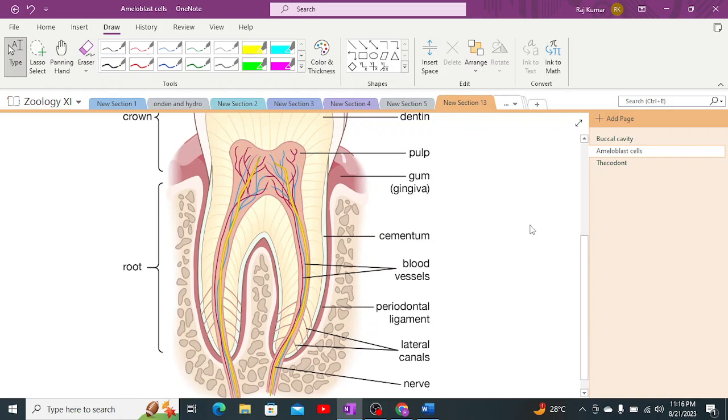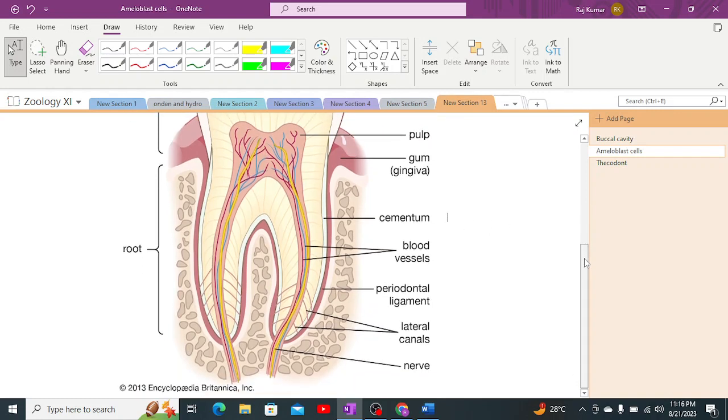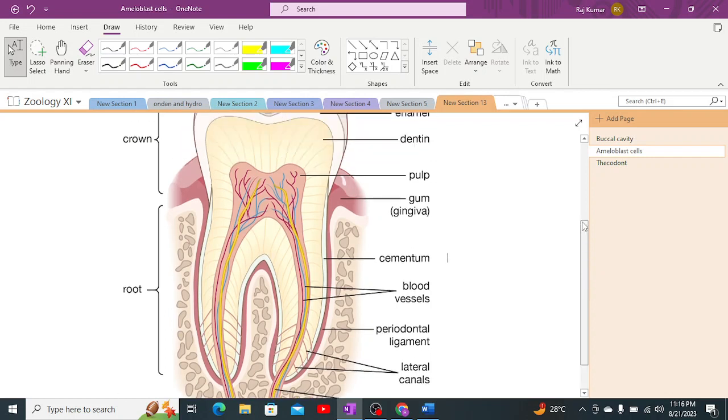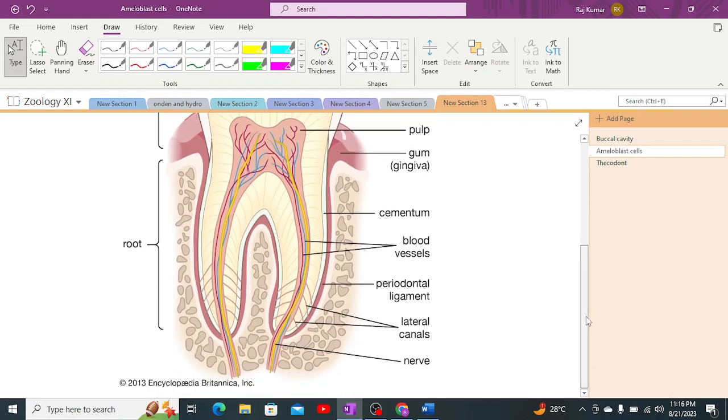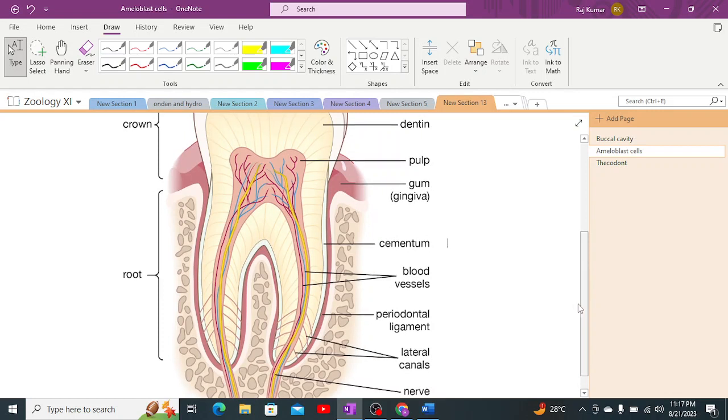The cementing layer is made up of calcified connective tissues, after which there are some blood vessels coming inside and outside the pulp cavity.